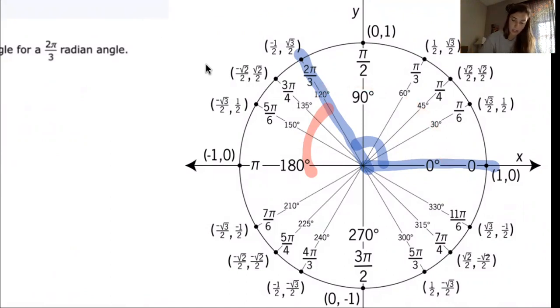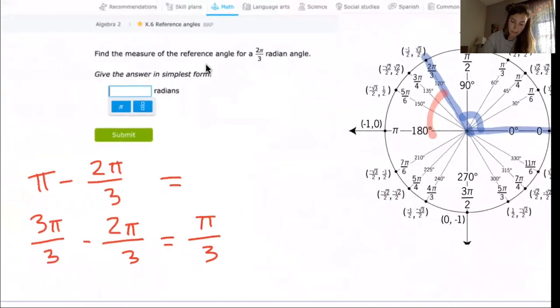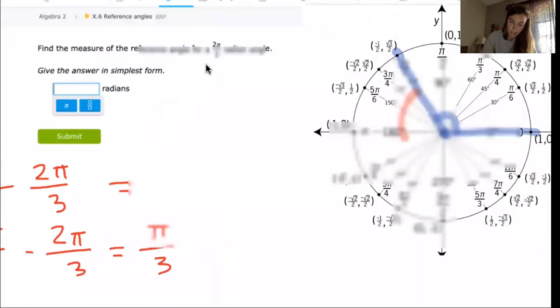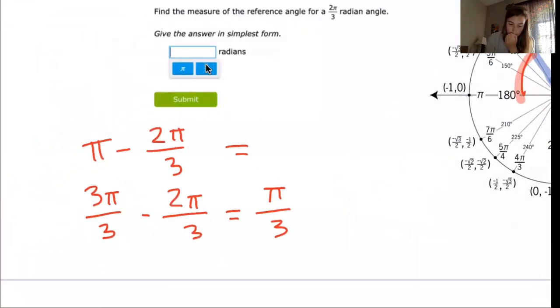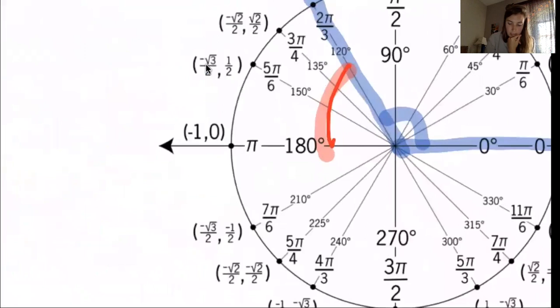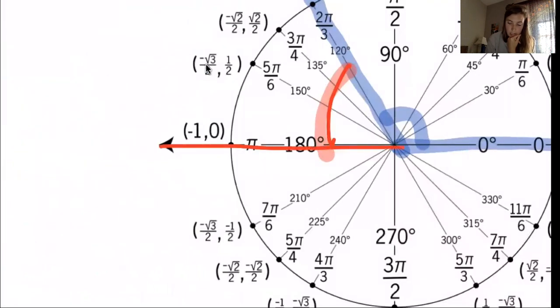So what I need to find is what this in red here is. I need to find what this distance is. So I know it's pi minus 2 pi over 3. How do I know that? Because this line is at pi.